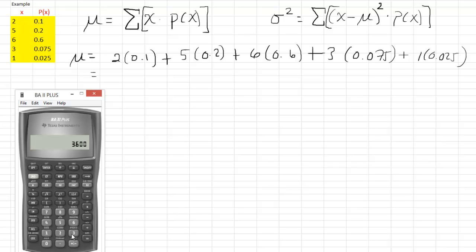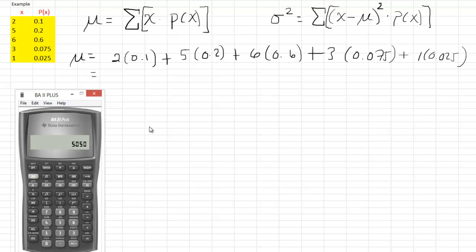Store 3. 3 times 0.075 equals 0.225. Store 4. And last of all, 1 times 0.025, which is 0.025. Store 5.